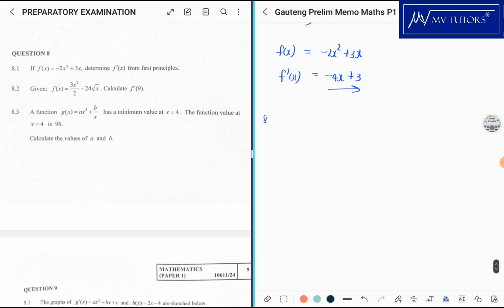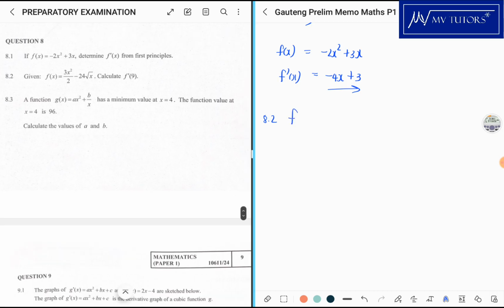Now 8.2. It says given f of x, calculate f prime of 9. Let's rewrite this f of x in a way that helps us to use the power rule. I have actually 3 over 2 x squared minus 24 times x to the power a half.